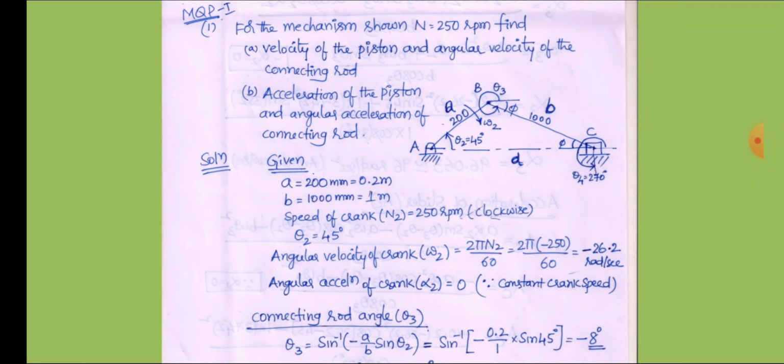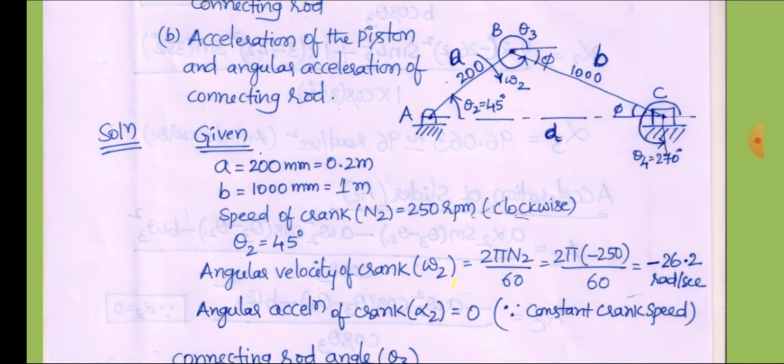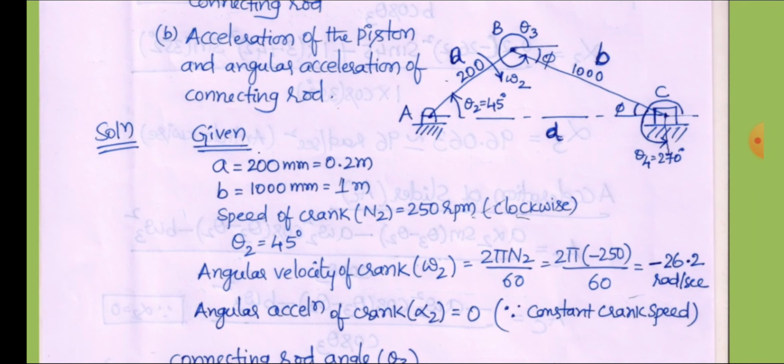So I know the length of the crank, the length of the connecting rod, the speed of the crank, 250 rpm, which is clockwise, and the crank angle, theta 2, is equal to 45 degrees. After listing, here omega 2 may be given directly sometimes, or the linear speed will be given.